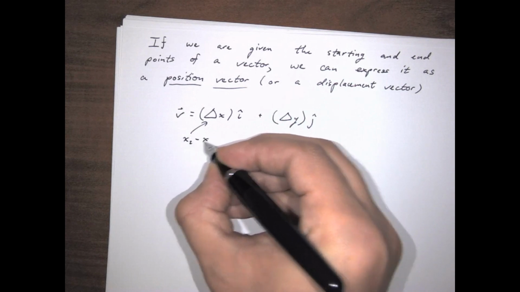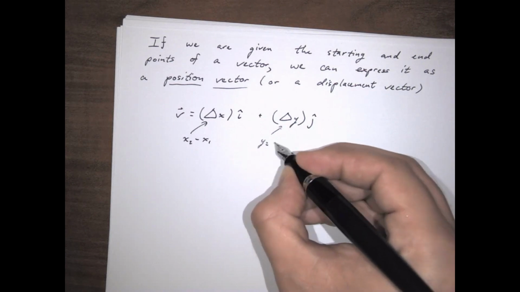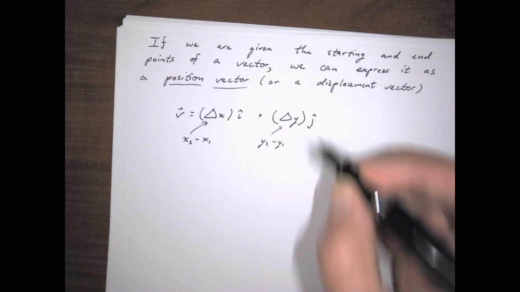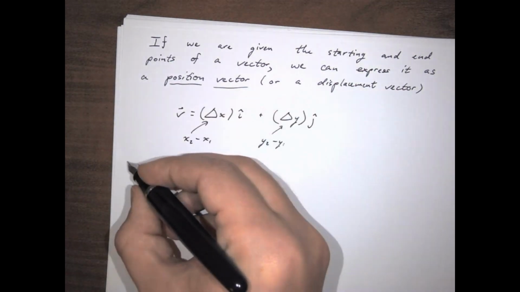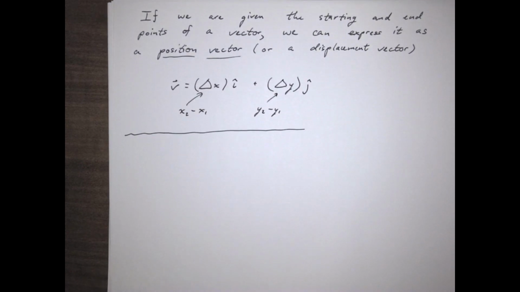In other words, x2 minus x1, y2 minus y1. And the way this will typically look for you in your homework especially is you'll be given an initial point and a terminal point, and then you will have to find the position vector.